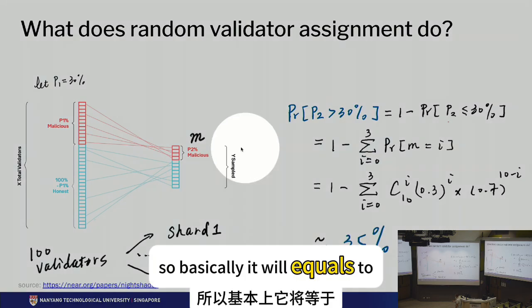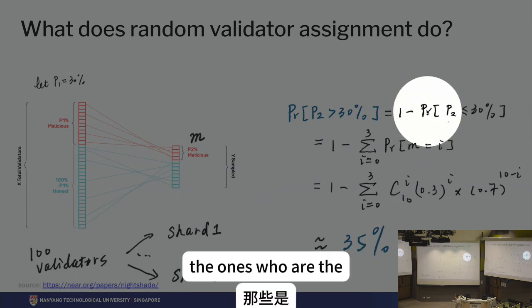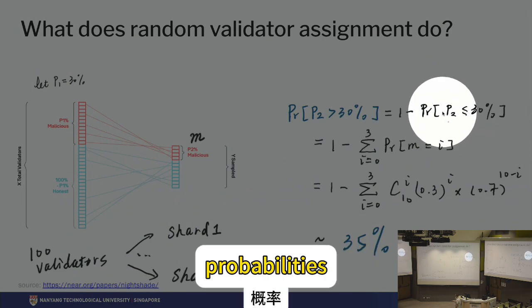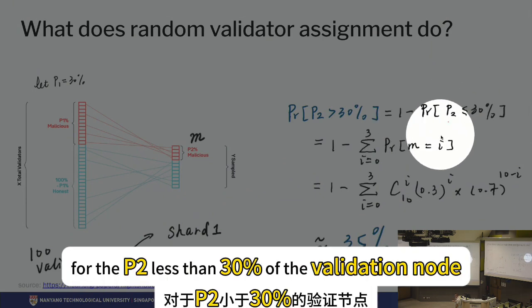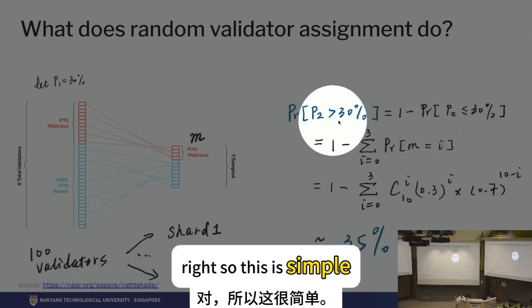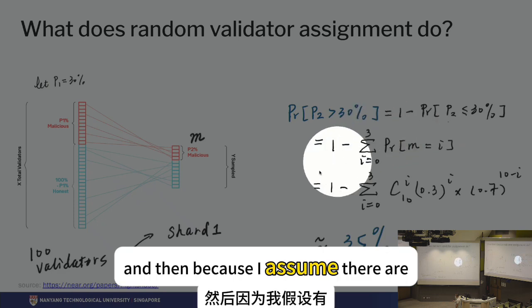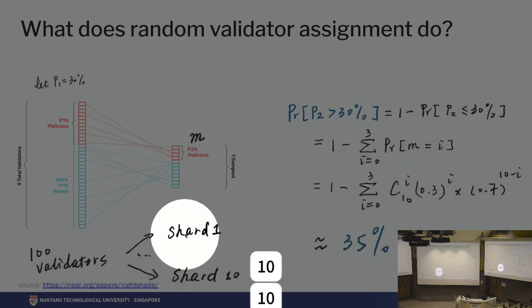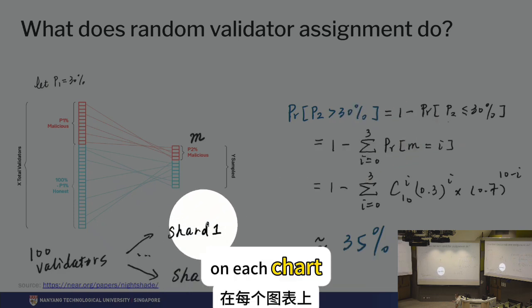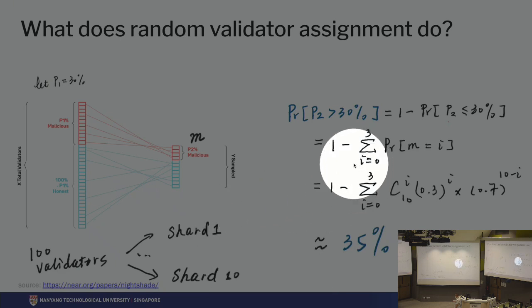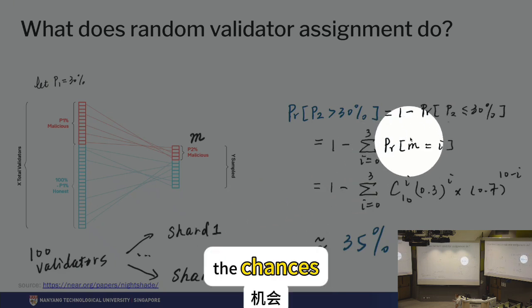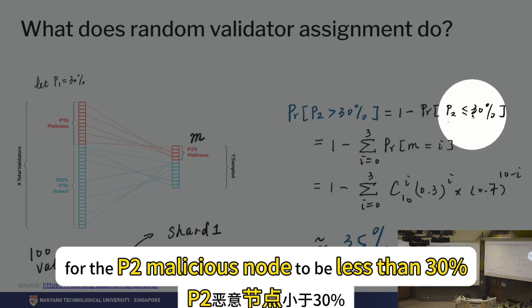It equals the probability of P2 being less than 30% of the validation nodes. Because I assume there are 10 validators on each shard, let's calculate the chance for the P2 malicious nodes to be less than 30%.